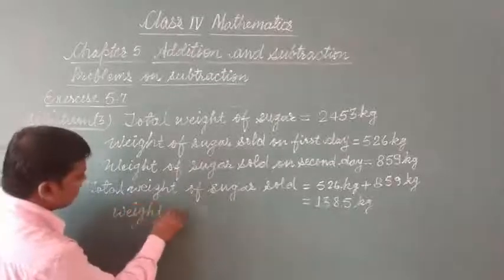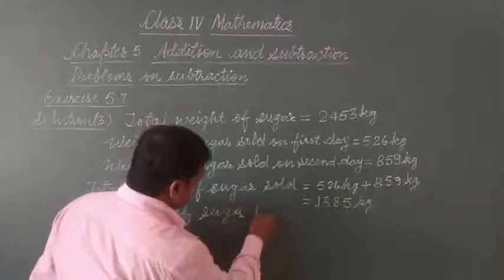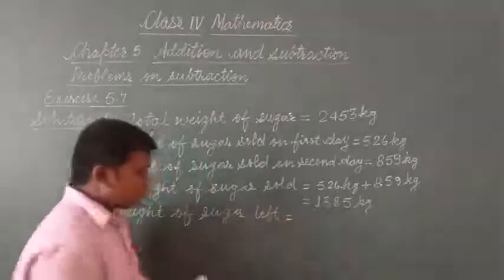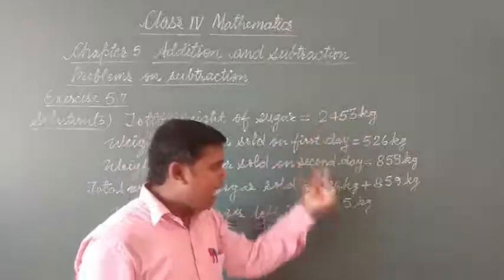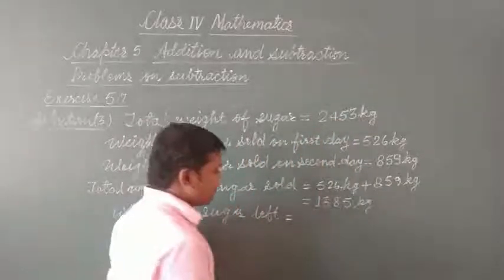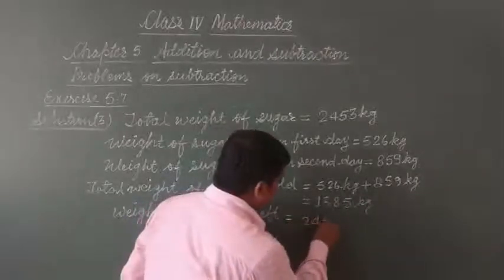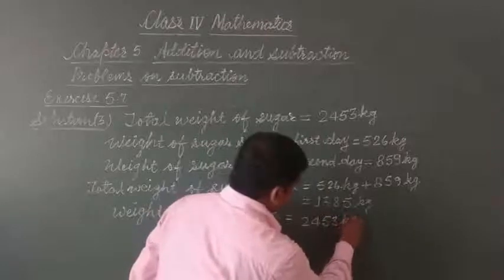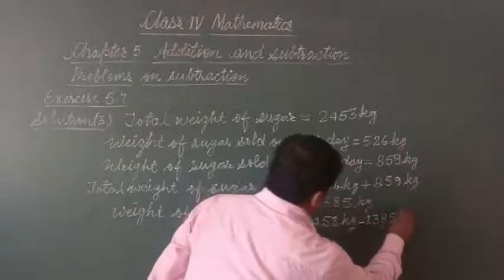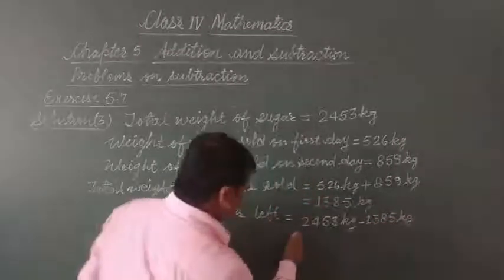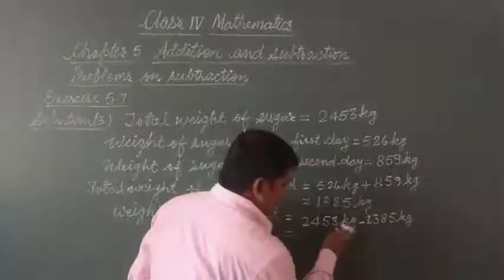We will subtract the weight of sugar sold from the total weight of sugar. 2453 kg minus 1385 kg, and after subtraction we will get here 3 minus 5.